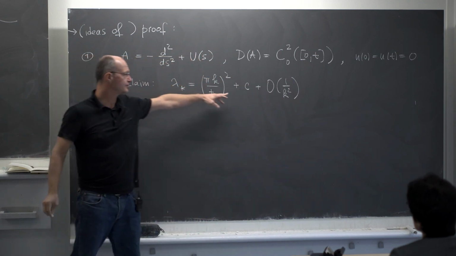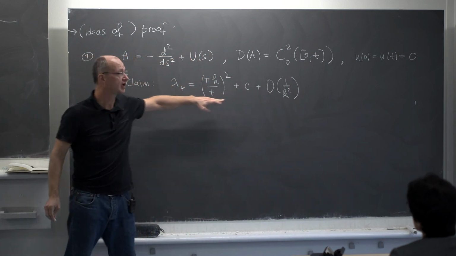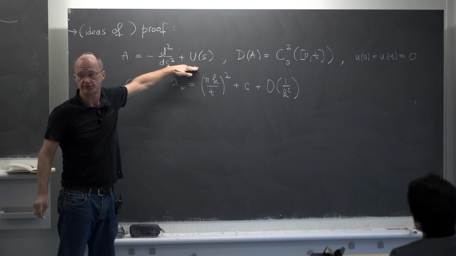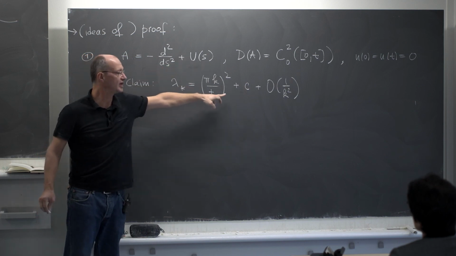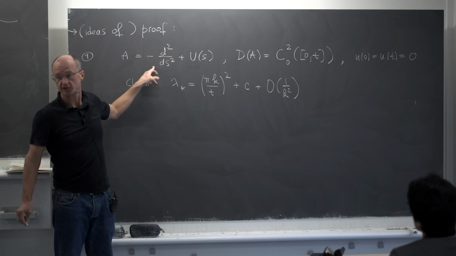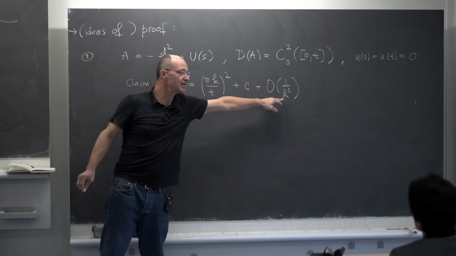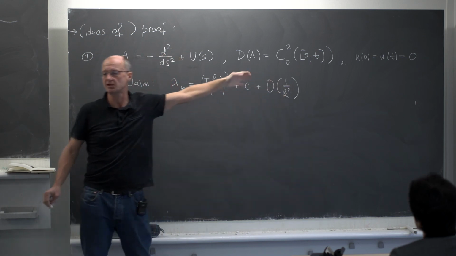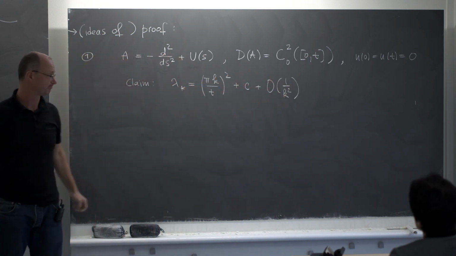So there will be perhaps some constant shift coming from the average of the potential u, but otherwise they will look as eigenvalues of this operator plus some asymptotically small corrections.